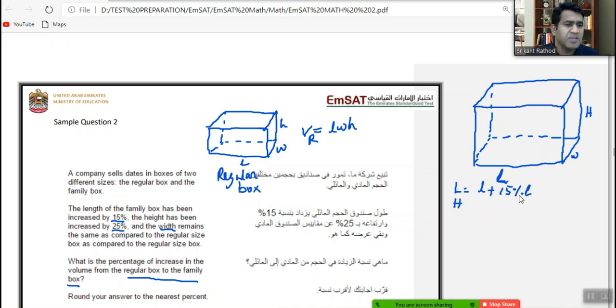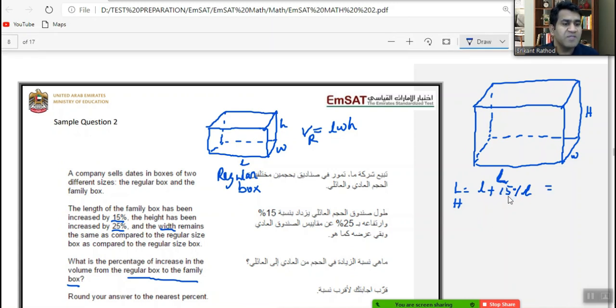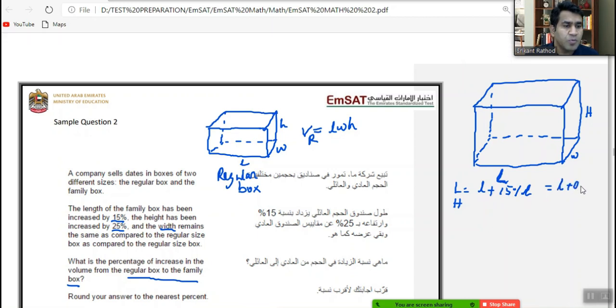This is the small L. So 15% means you don't just find the 15% of it. Whenever we say increasing, it is the same value plus 15% of that value, which is the increment. 15 percent is basically 15 divided by 100, so that's L plus 0.15 L. That gives you the total as 1.15 L. This will be the length of the new family box.